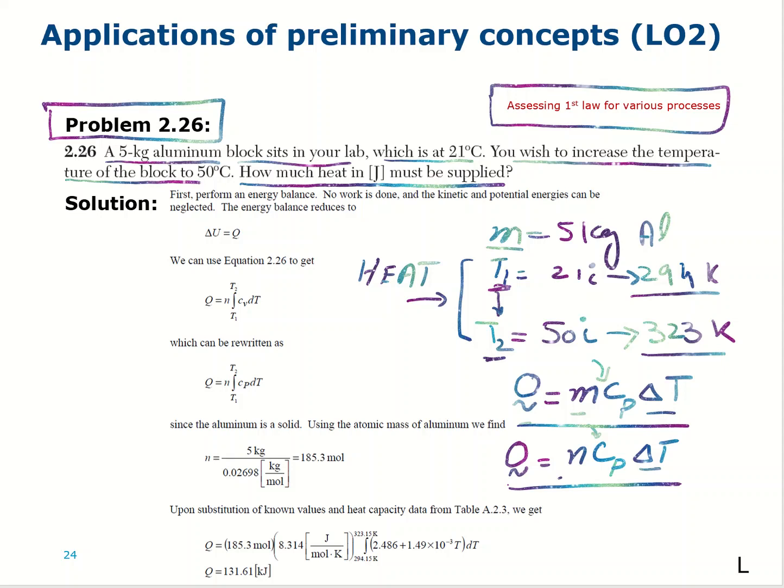Now, applying the first law of thermodynamics, Q plus W is equal to delta U, right? This is the first law of thermodynamics. But we have a solid.